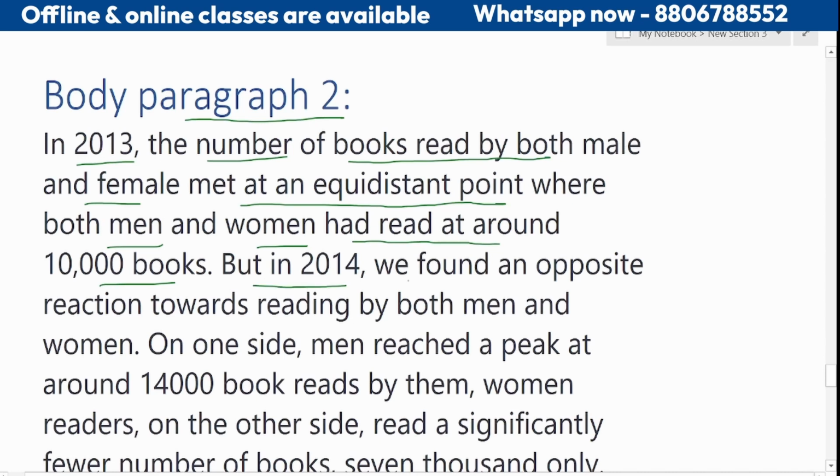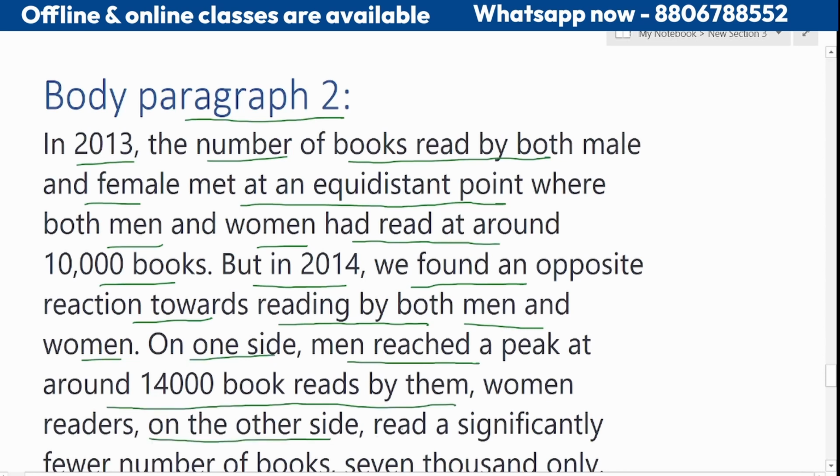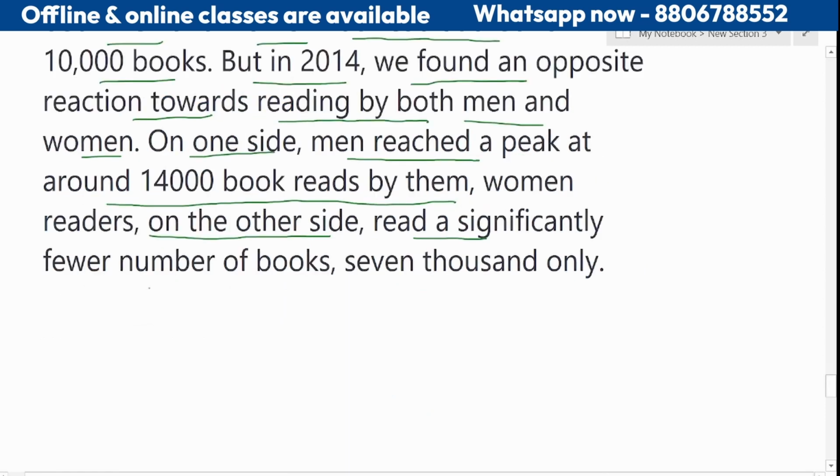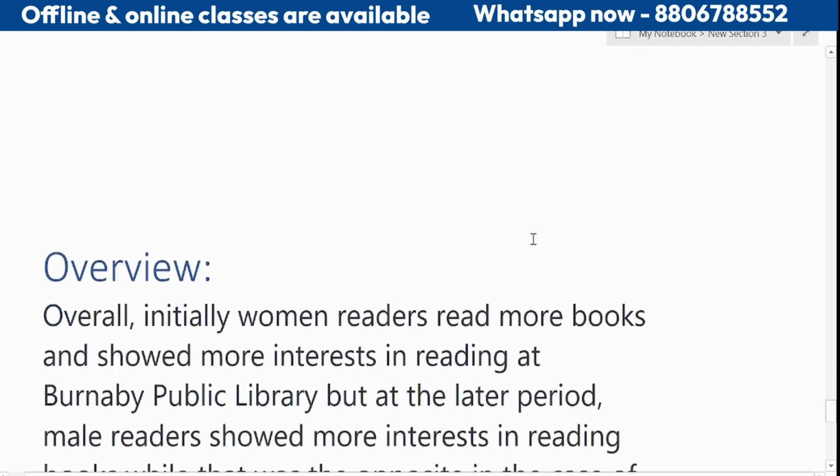But in 2014, we found an opposite reaction towards reading by both men and women. On one side, men reached a peak at around 14,000 books read by them. Women readers, on the other side, read a significantly fewer number of books, that is 7,000 only. So this should be your body paragraph 2.